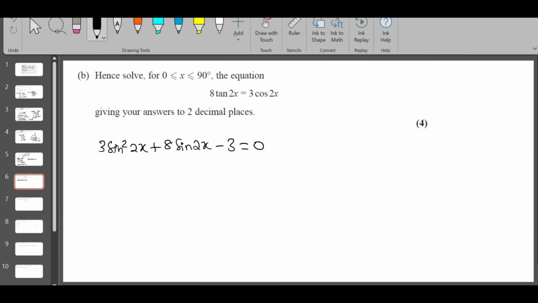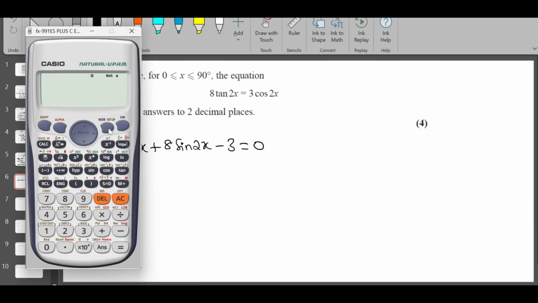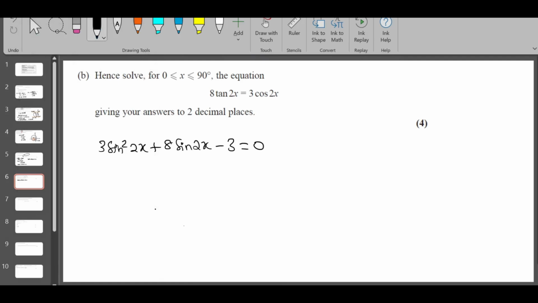Now this is a quadratic equation. I'm going to solve it. 3, 8, minus 3. 1 over 3 and minus 3. You can write the factors 3 sin x minus 1 times sin x plus 3 is 0.